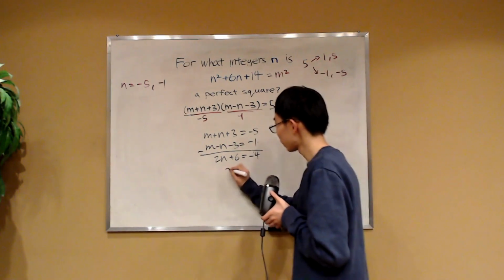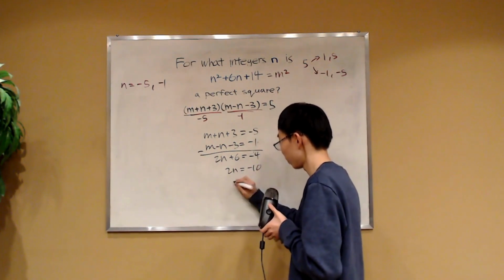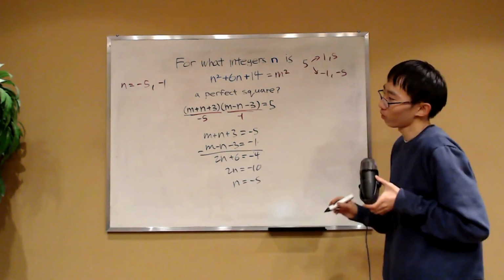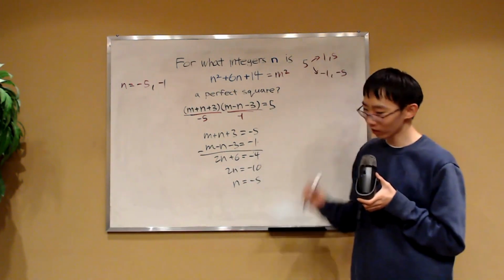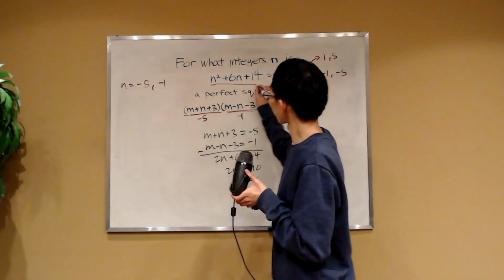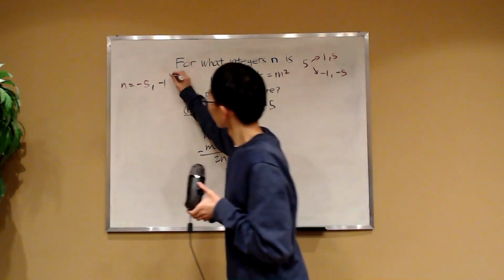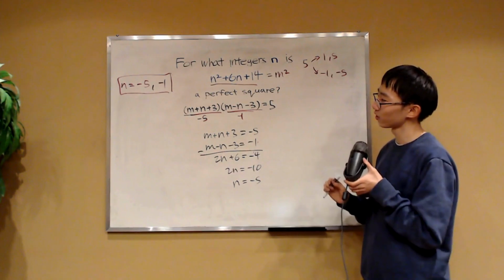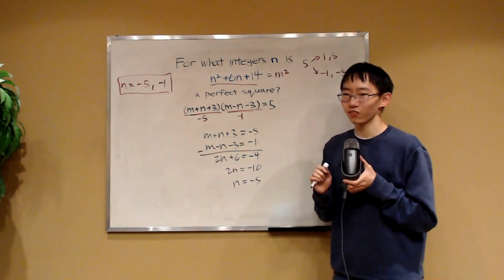Okay, and solving for n, well, we would just get the same thing again. We get -5. Oh well, we don't add anything. So therefore, the only values of n such that this is a perfect square will be -5 and -1, both negative. Pretty cool.